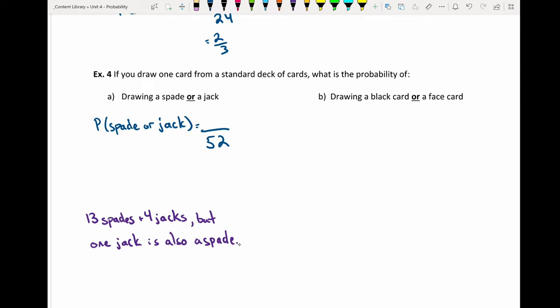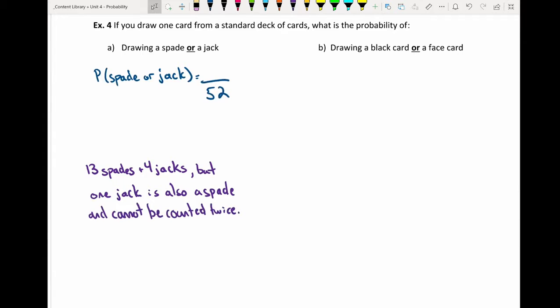Because there's 1 jack that is also a spade, it cannot be counted twice. When you look at spades and jacks together, you have some overlap, and you can't count the overlap twice because then your probability would not be true.